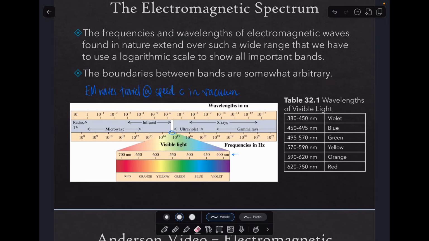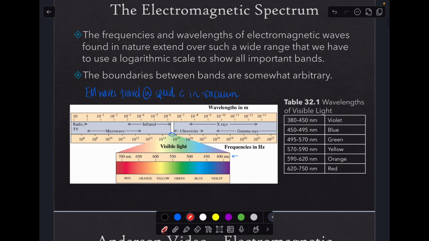And so one thing that all these electromagnetic waves share when they're in vacuum is the speed at which they travel, which is the speed of light. So even if it's not light that we're talking about, if we're talking about a radio wave or an X-ray, if they're in vacuum, they will travel at the speed of light, 3 times 10 to the 8 meters per second.